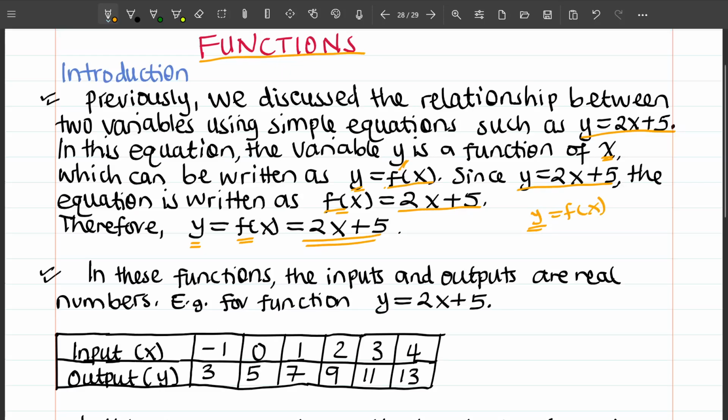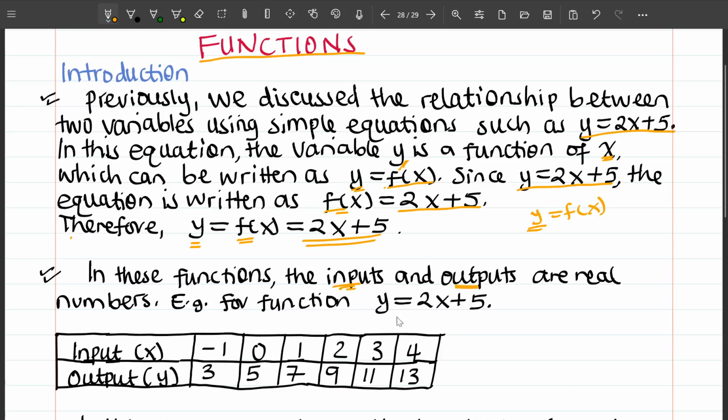In functions such as the one above, the inputs and the outputs are real numbers. This is very important in the real number system. Here we are saying that the input values and the output values are real numbers.